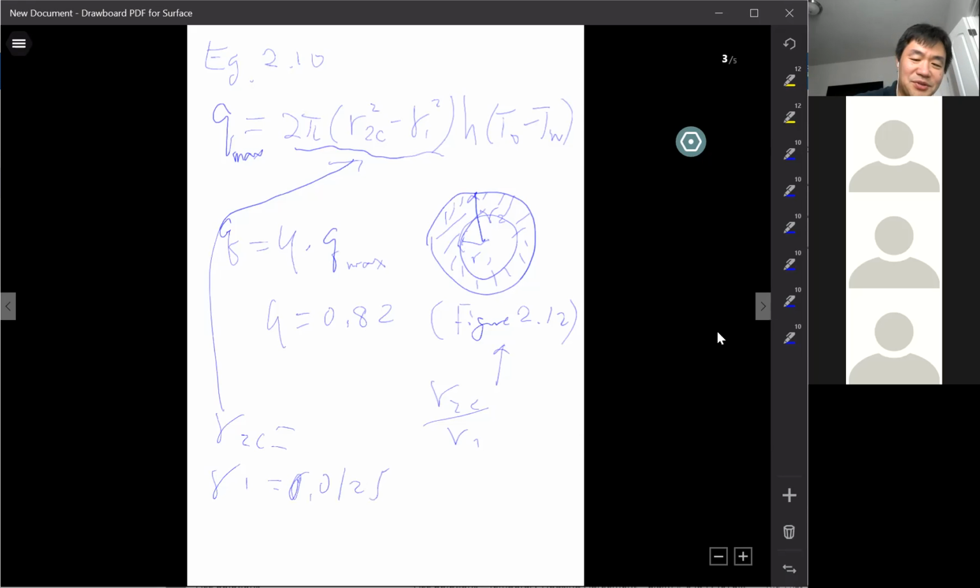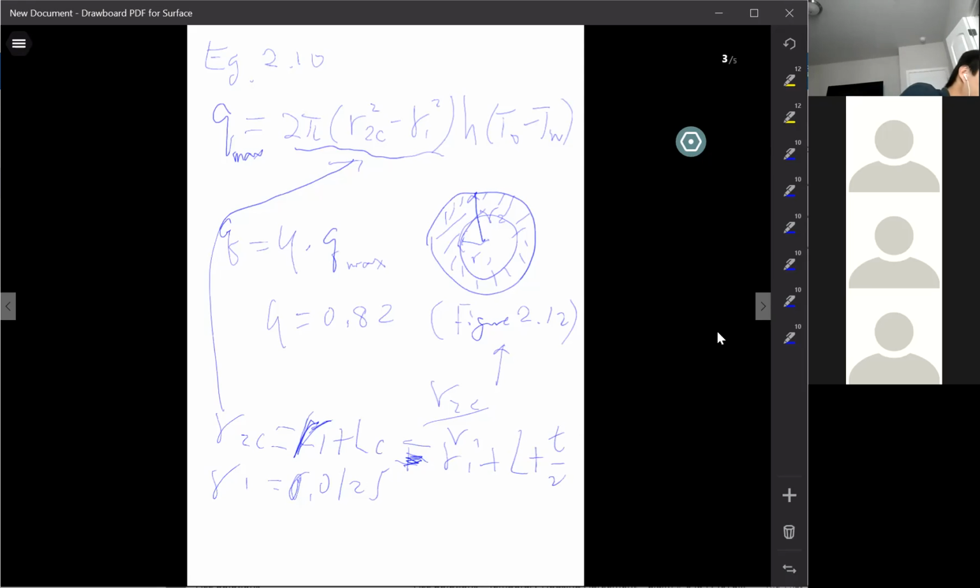You have an equation to calculate R2C: R1 plus LC, okay? LC is what? Look at the diagram, it says LC, right? LC is L plus T over 2. Basically it equals R1 plus L plus half T, all given, right?